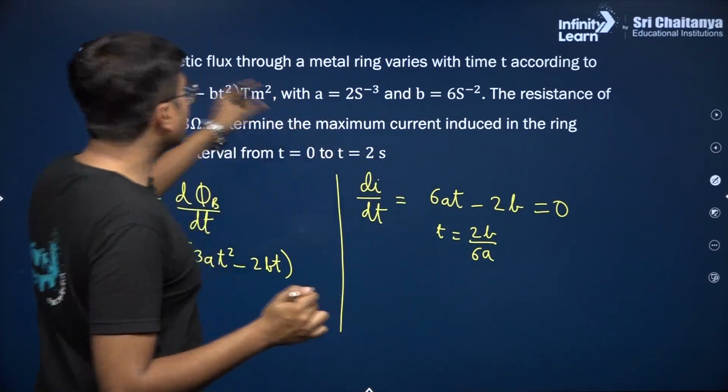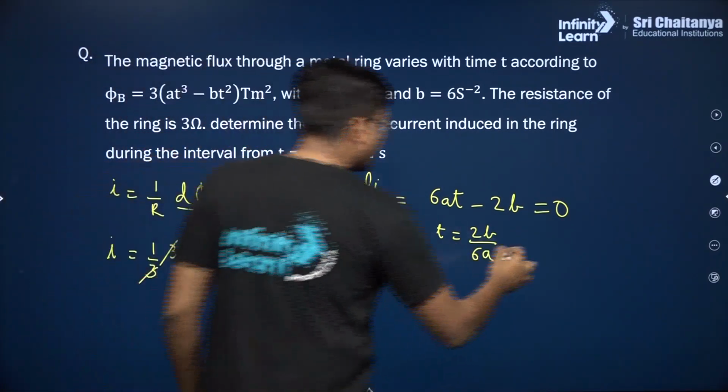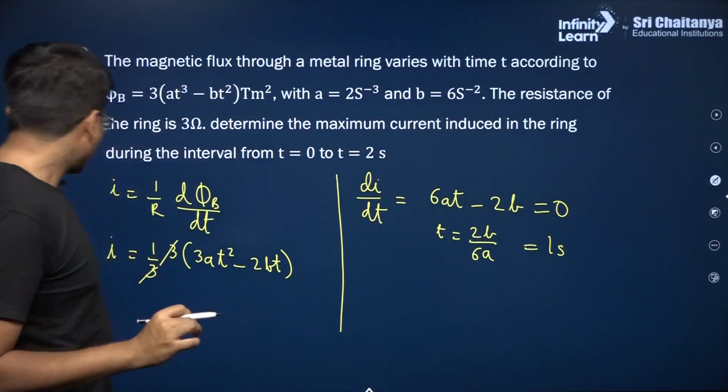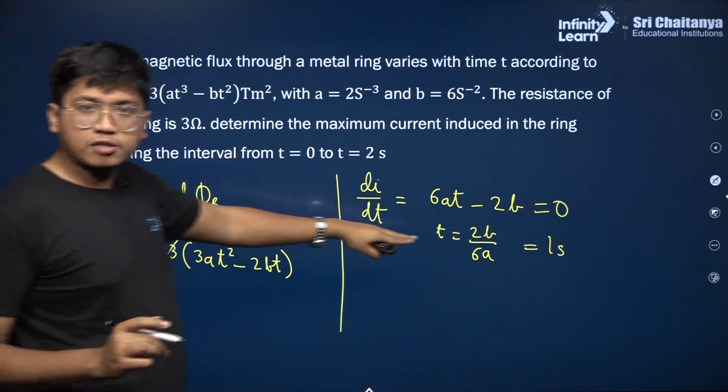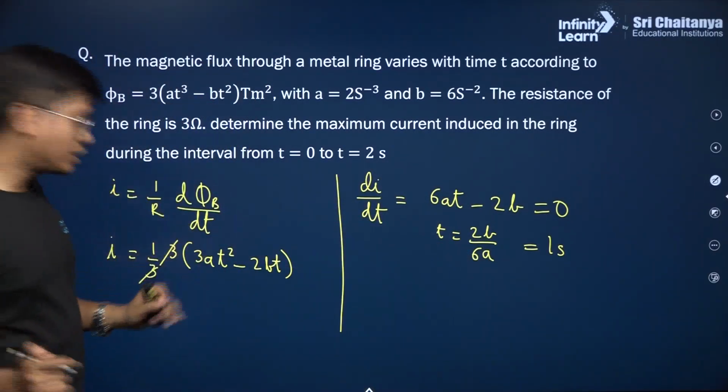So if I put b is equal to 6 and a is equal to 2, then we get t is equal to 1 second, right? Which means we have the time when the maximum current comes. We can put that time in the relation for current to get the maximum current.